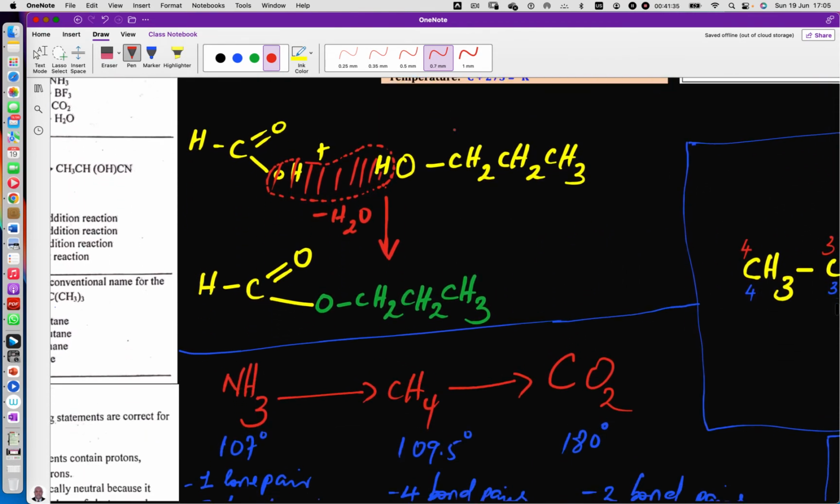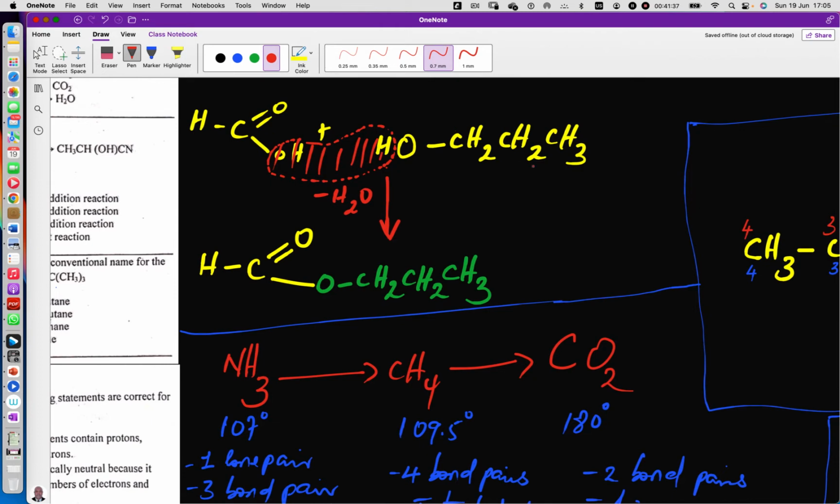Let's see if we can write the equation here. This is propan-1-ol and this is methanoic acid. When an ester is formed by a condensation reaction, a molecule of water is taken away. We call this propyl methanoate.